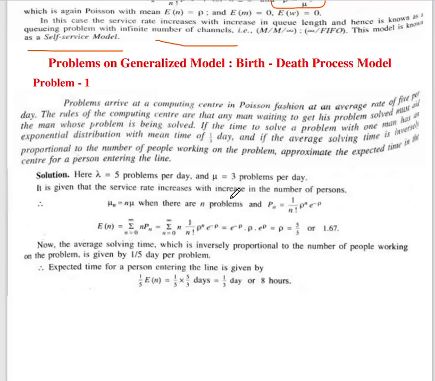Okay, so first we will write down the given data in the form of mathematical symbols. If you observe here, lambda is given as problems per day, that is lambda equal to 5.